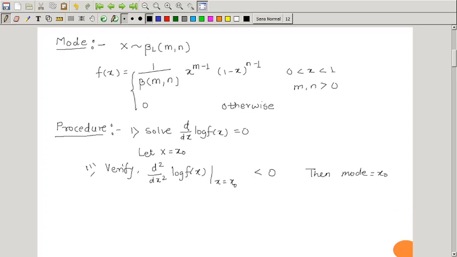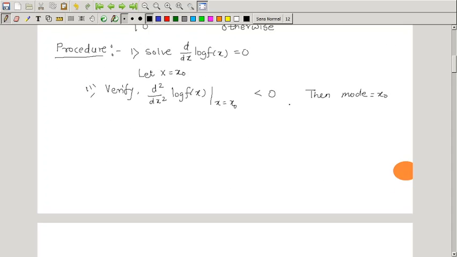So for this, we firstly take the log of this function.